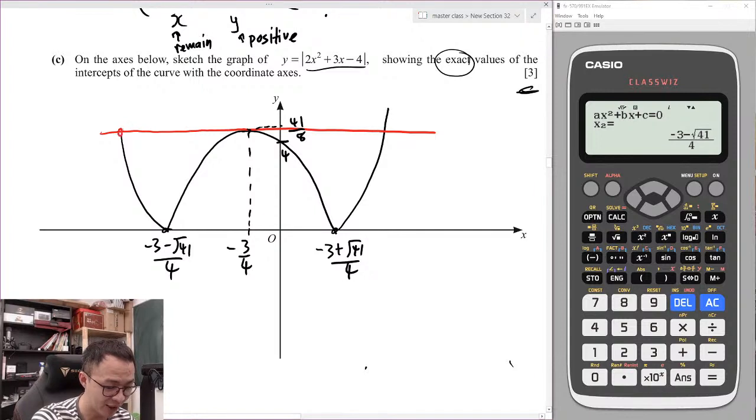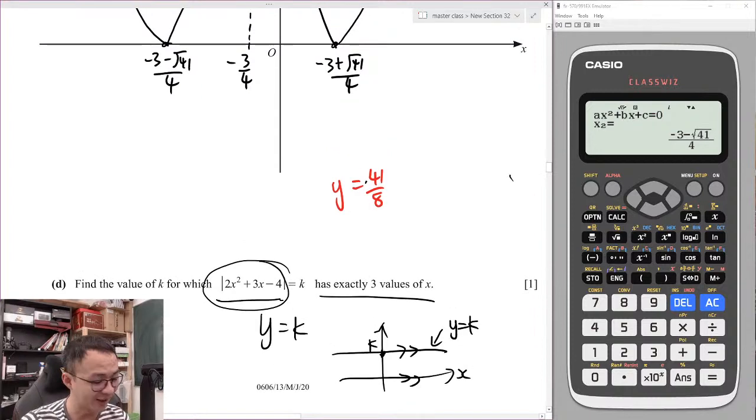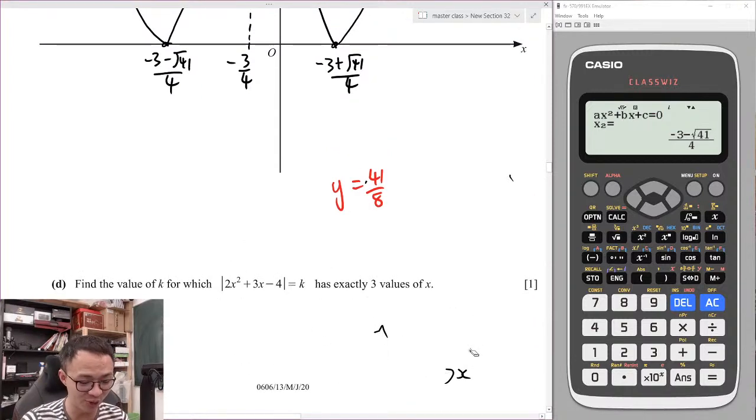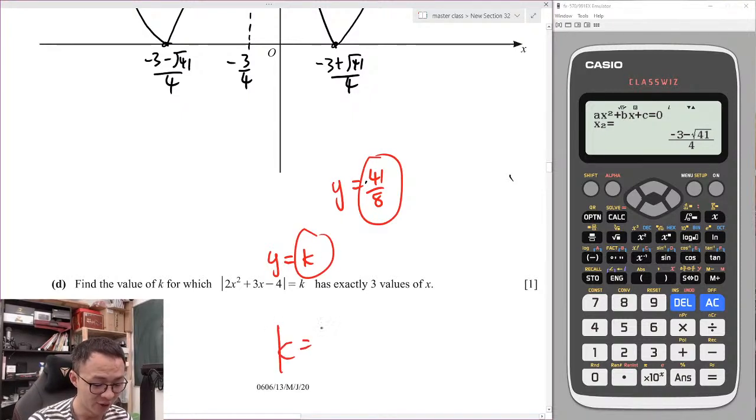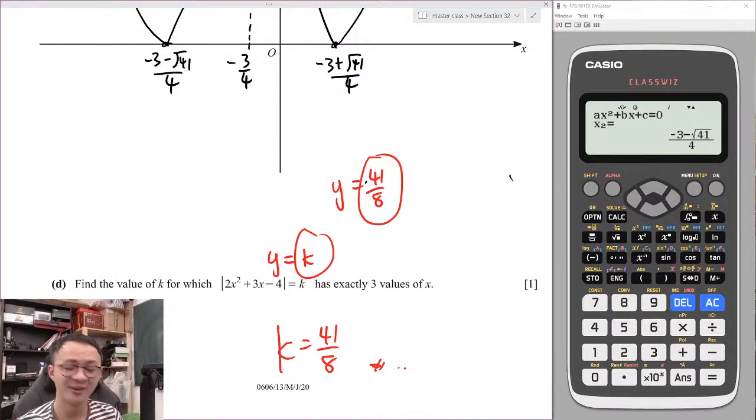So I touch 1 point here, 2 points here, 3 points here. So therefore my y equals 41/8. But the question doesn't ask you to find y. The question asks you to find k, because this is y equals k. So I know my k equals 41/8. This is just 1 mark. It just tests how much you understand about exactly 3 values of x.